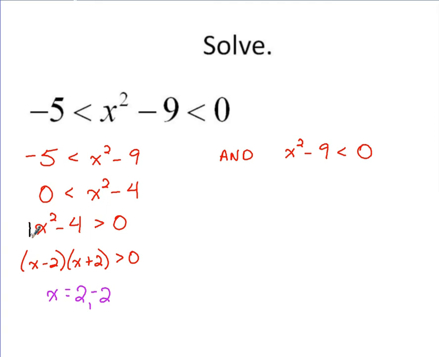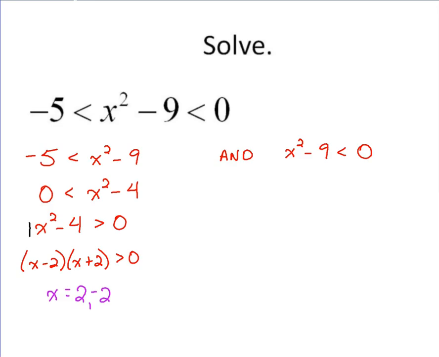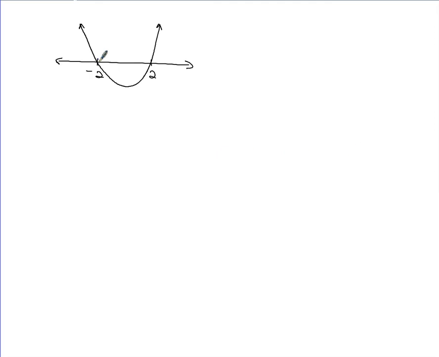Because the x squared term, the quadratic term, has a positive coefficient. So this is going up. Now, the portion of that curve we want as an answer is going to be greater than 0, right? That's why I flipped this around for perspective's sake. Since it's greater than 0, we're looking at these pieces up here, right?